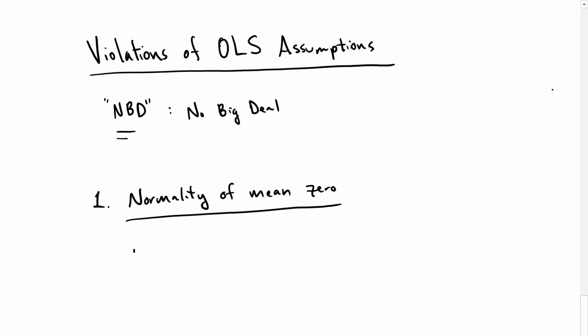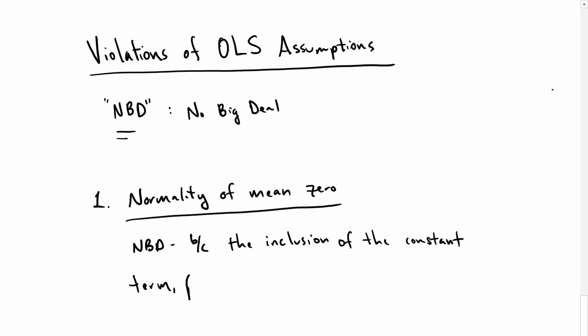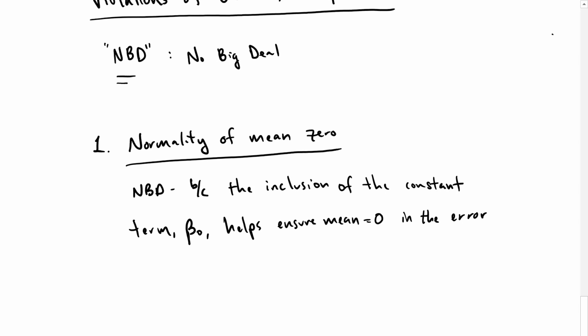This one is no big deal because the inclusion of the constant term, beta 0, helps ensure mean 0 in the error. We want the error term to be normally distributed with mean 0. By including the constant term, that's going to help ensure that's the case.